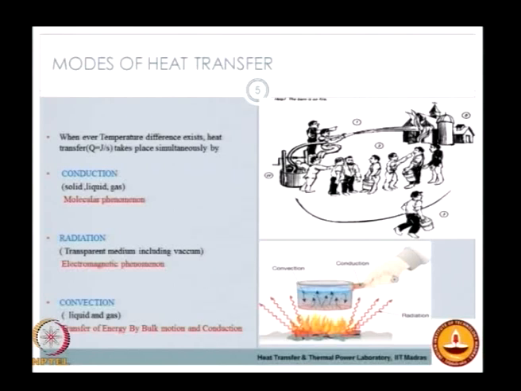And in fact you cannot really say that a particular mode is always important, because in any real life process, for example if you boil water in a pan, all the 3 modes of convection, conduction and radiation act simultaneously.